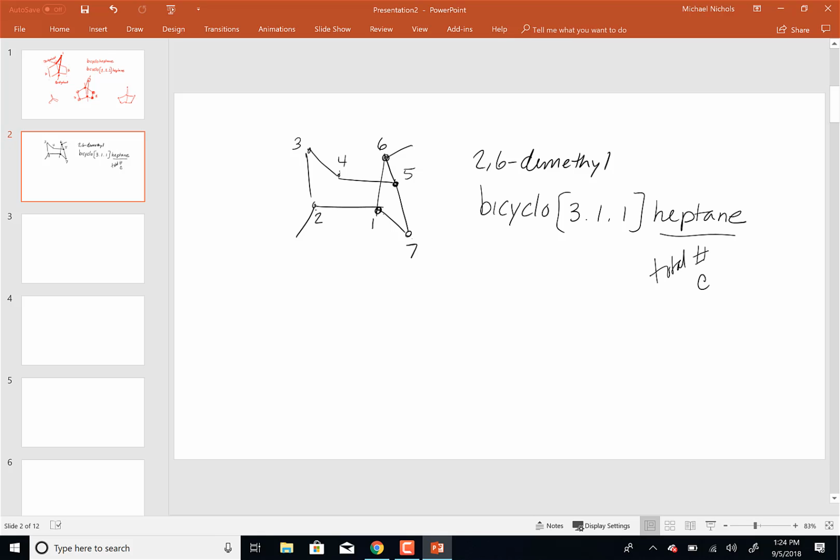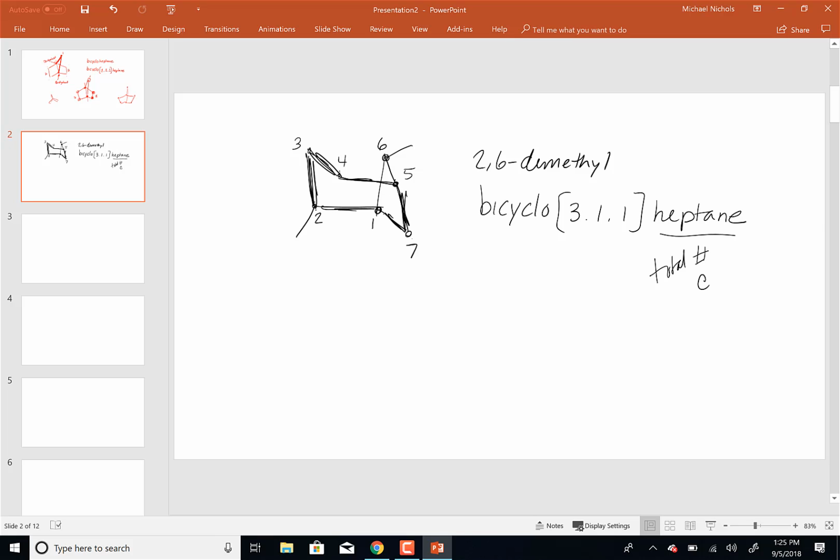When you're naming it, there are 9 carbons there, but there are only 7 of them that aren't part of the substituent. So those are the ones that you have in the heptane, right? There's 9 carbons, and only 7 total. Yeah, you're right. The parent ring system is everything but those 2 methyl groups.